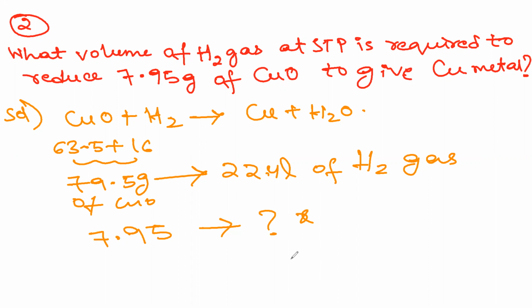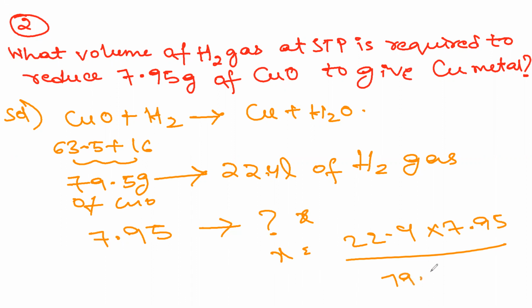Simply 7.95 into 22.4 divided by 79.5. It comes to 2.24, so the answer is 2.24 liters. This is the second model in weight volume relationship. Next, the third model in weight volume relationship.